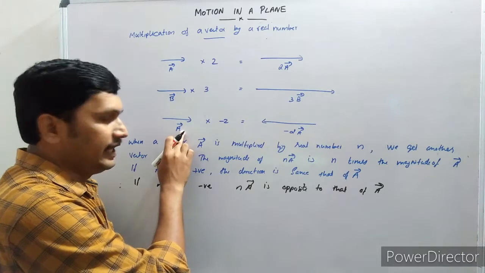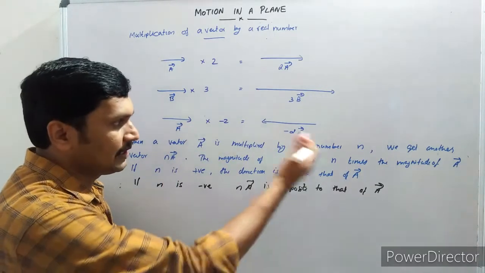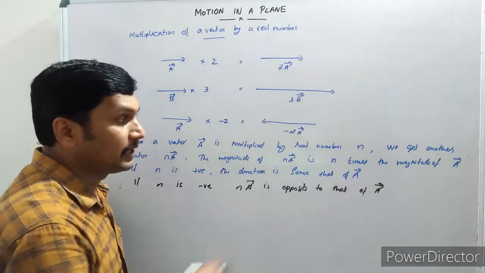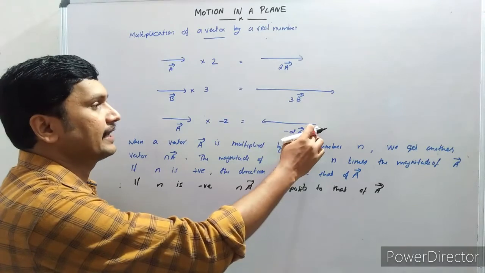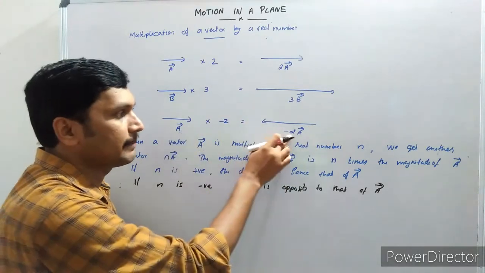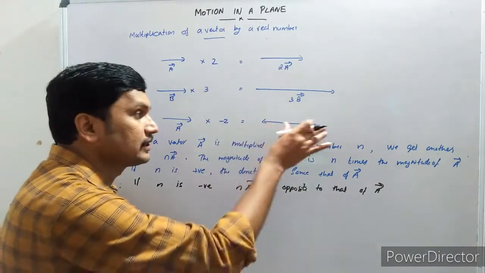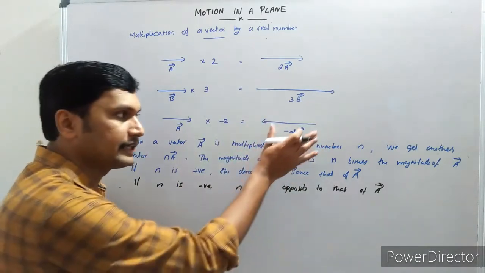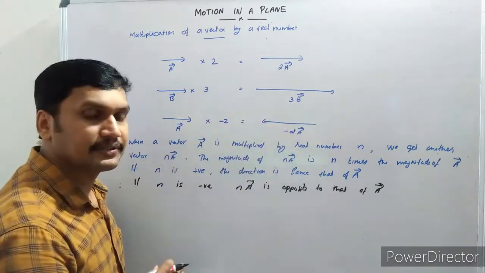Now vector A is multiplied by -2. We get another vector, -2A, and the direction is opposite to the direction of A because we multiplied by a negative number. The direction is reversed and the magnitude is doubled.